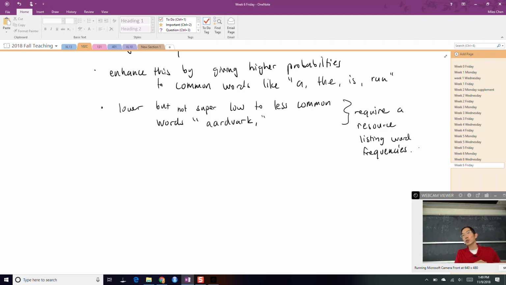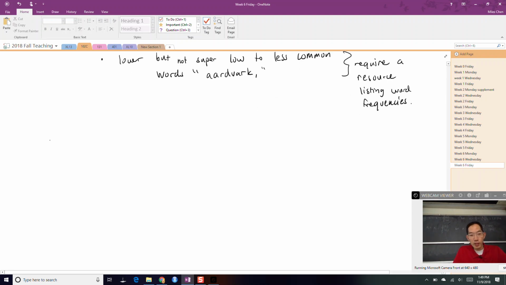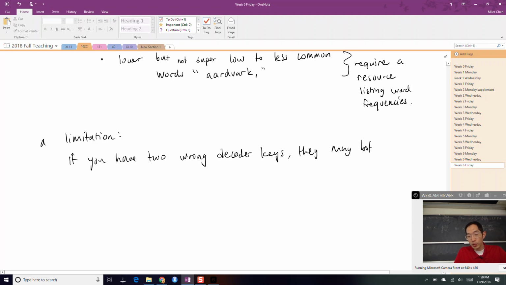In our setup, they will both have the same very low probability score because they're both producing nonsense words, right? So a limitation is that if you have two wrong decoder keys, they may both produce nonsense.